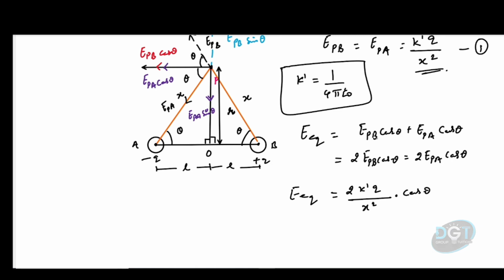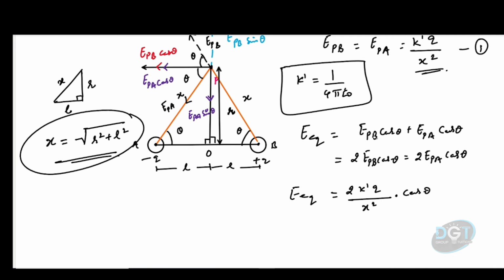So this is E equatorial. Now if we see the diagram, this is R, this is x, and this is L, and this is 90 degrees. So using Pythagoras theorem, x is equal to root of r square plus L square. Thus we can use this x in equation 2.